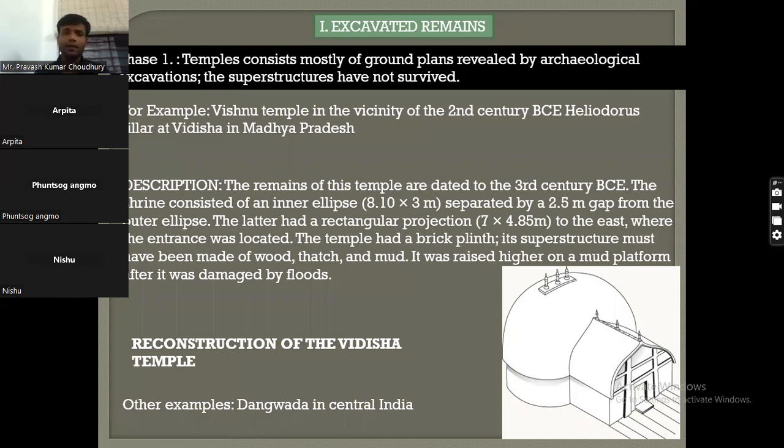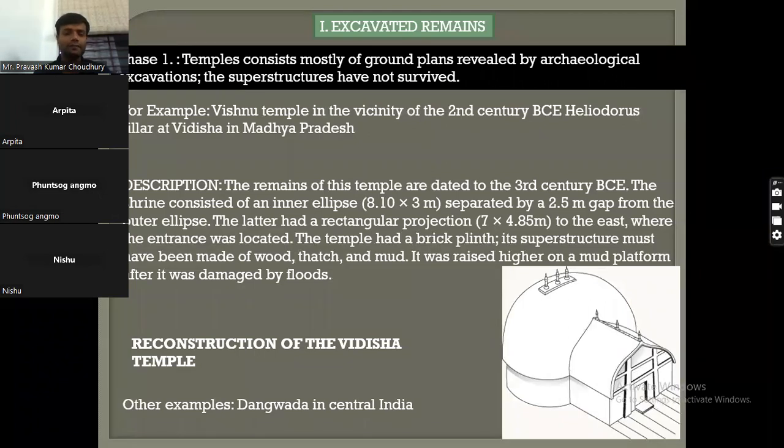One of the excavations wherein the superstructure is not surviving, but we do come across the plan of that temple in the form of basement found in the archaeological excavation, was conducted at the site of Vidisha in Madhya Pradesh.